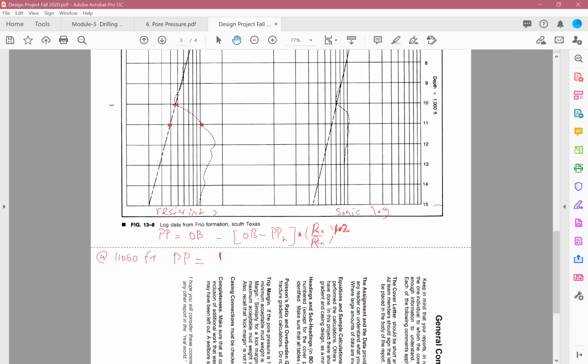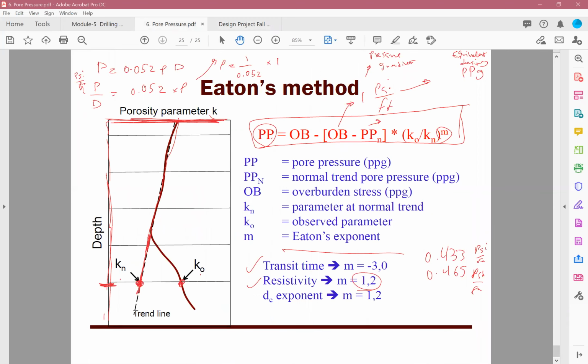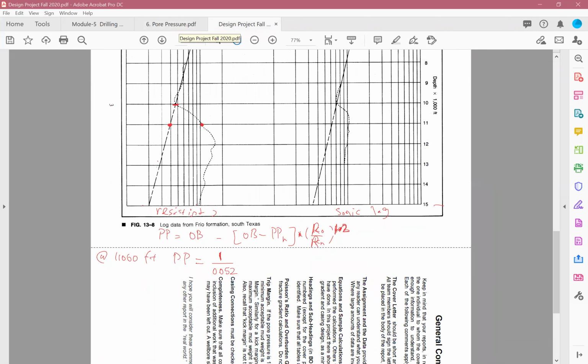And if I need to convert it to pound per gallon, I need to divide it by 0.052, based on the equation that we discussed here, right? You just need to divide whatever psi per feet you have by 0.052. So I divide that by 0.052 minus overburden pressure again, 0.051 over 0.052. Again, this is psi per feet, right? That's what we assumed.